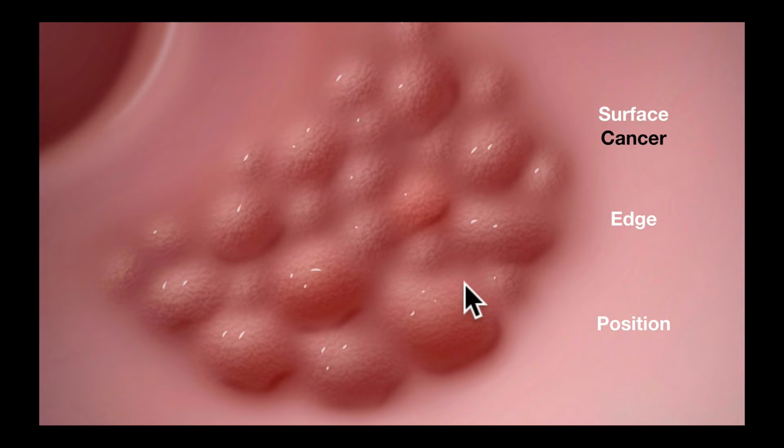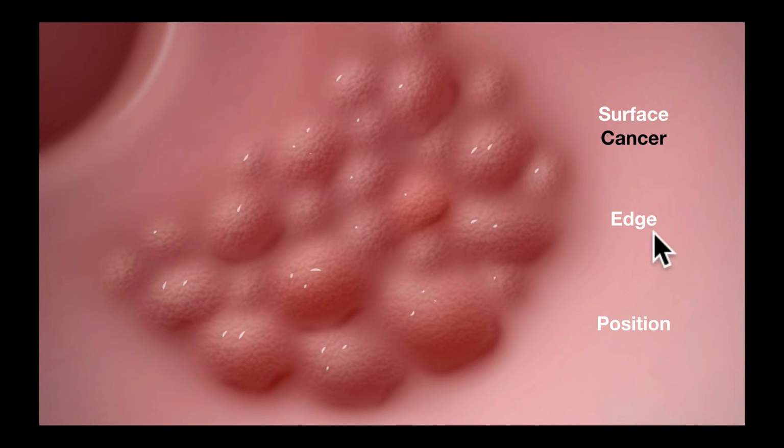If you find those, this lesion is not amenable for curative endoscopic resection. On the other hand, if you don't find features of cancer, you can go ahead and do endoscopic resection.